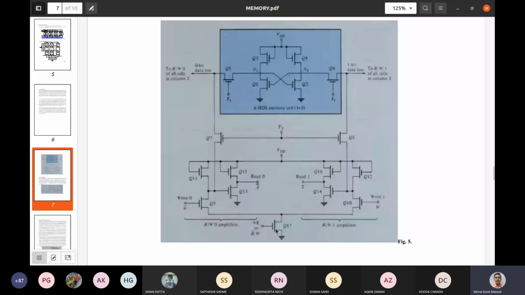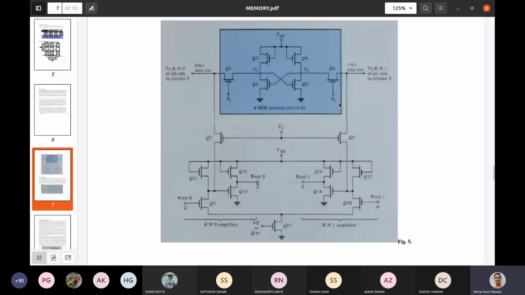So again, it will conduct and take current from this. So when it conducts, this voltage will be low. If this voltage is low, then it will be considered as 1 has been written there. So in this way, we can read or write 1 in this cell.